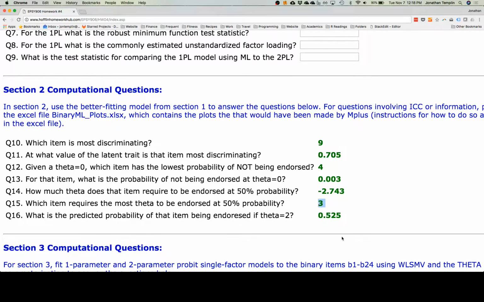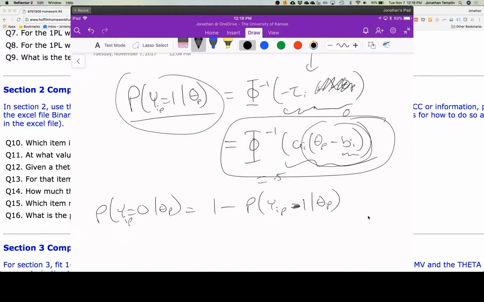Because the next question is about the probability of that item being endorsed at theta equals 2, so that makes you go back to the formula and plug in a 2 for theta. But here's the problem. If you do that using the IRT formulation, it gives you not enough digits to give you a precise answer, compared to where I calculated it from the discrimination, or the threshold, and the loading from Lavaan.